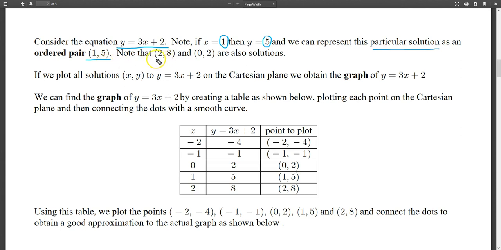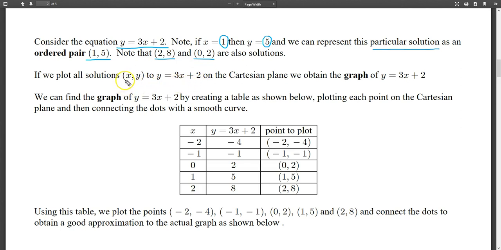Now also notice that 2, 8 is a solution. If I put 2 in for x, I get 6 plus 2, that's 8. And if we put 0 in for x, we get back 2 for y. So these are also solutions to this equation.